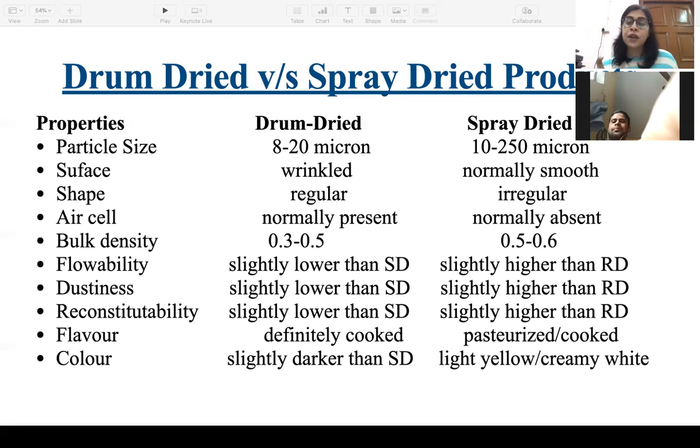If temperature is maintained properly, then this cooked flavor does not develop in spray dried products. And color: spray dried product is light yellow or creamy white, depending upon the type of milk. In case of cow milk, it is light yellow, whereas in case of buffalo milk, it is creamy white. This color slightly darkens when the drum drying technique is used because of Maillard reaction.